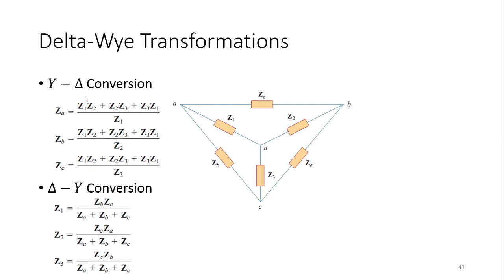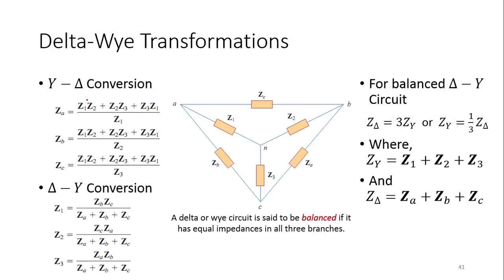However, for most loads in practical cases, for example in power systems, we usually prefer balanced loads, which means that the load in all three arms of Y or delta is similar, the same in magnitude and angle. So we can use Z delta as 3 times ZY.